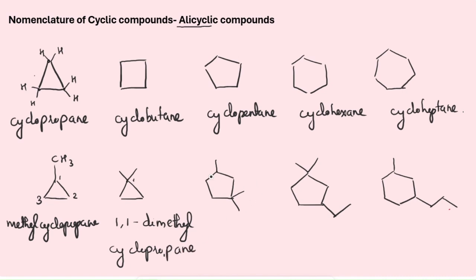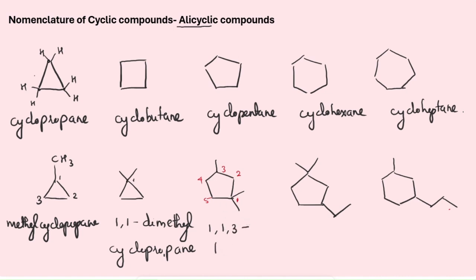Now, we have a cyclopentane molecule with 3 methyl groups. In this case, you have to use the lowest sum rule. You start numbering from the carbon with more substituents on it. So that's why the name of the molecule would be 1,1,3.